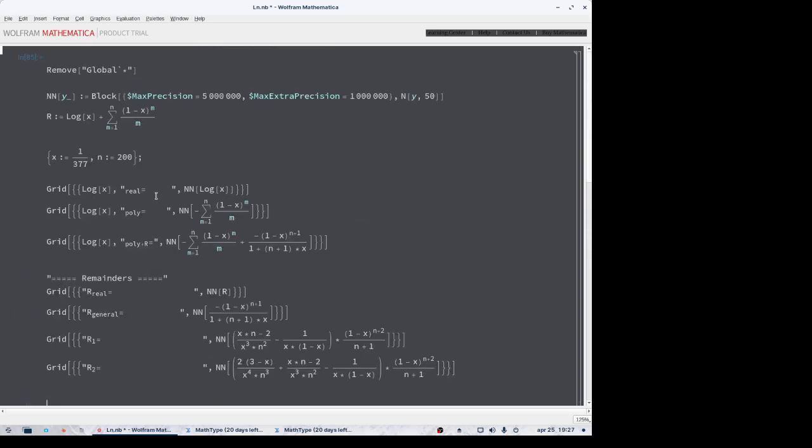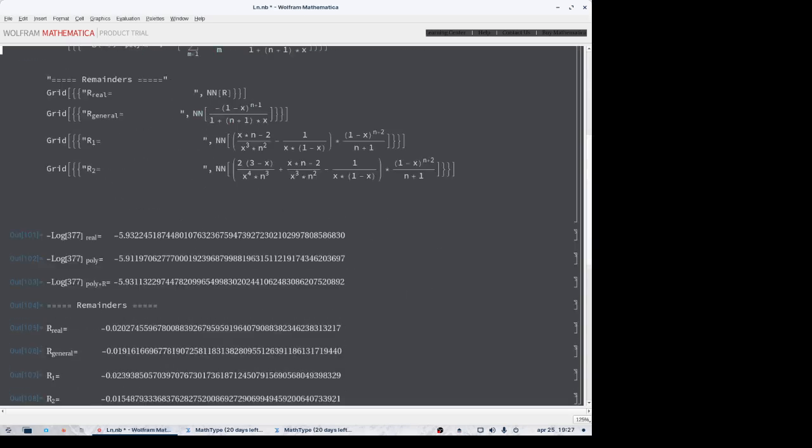You need more steps, like 1,000 steps in this case, to get a single decimal point approximation with the Taylor polynomial, 5.9. And with the remainder term you can get one additional decimal point. So this would be a demonstration that not in all cases can you use a Taylor approximation.